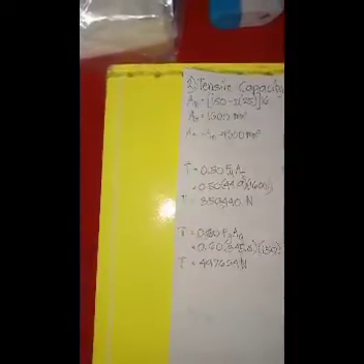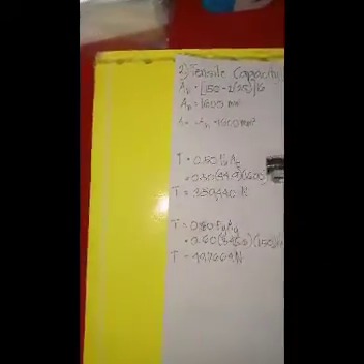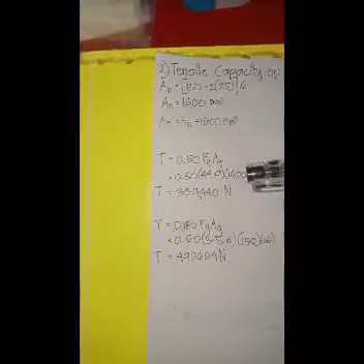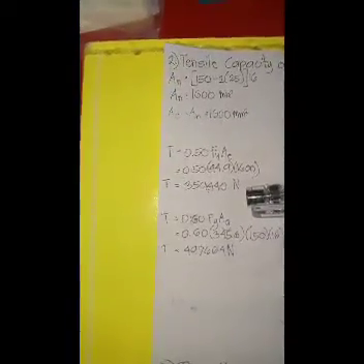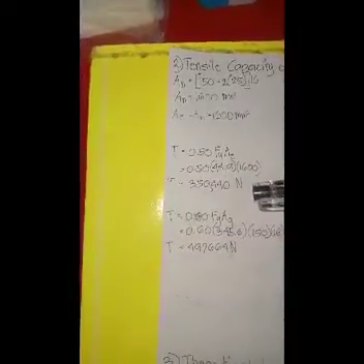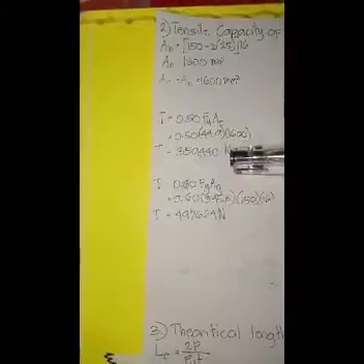Then A sub n is equal to A sub e, so they have the same value. Then we substitute in the tensile capacity, which is 0.50 times 449.3 times 1600. Our tensile capacity is 359,440 Newton.